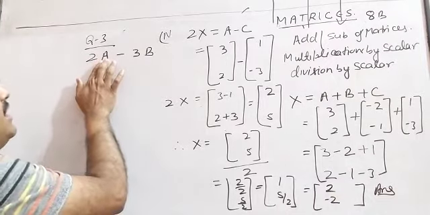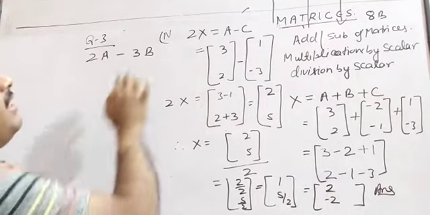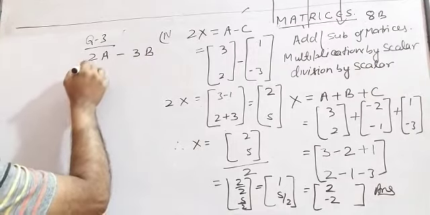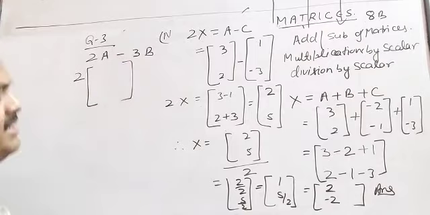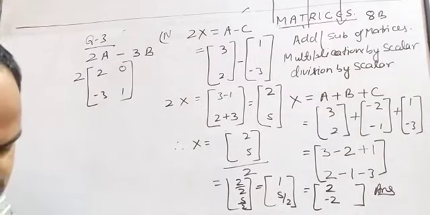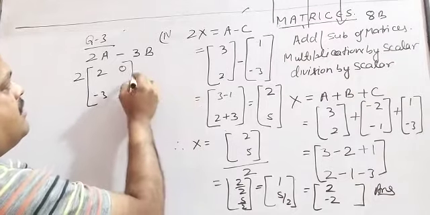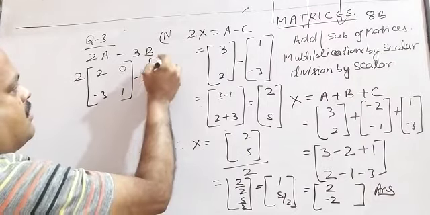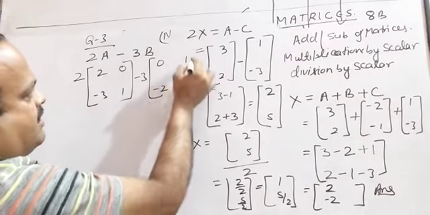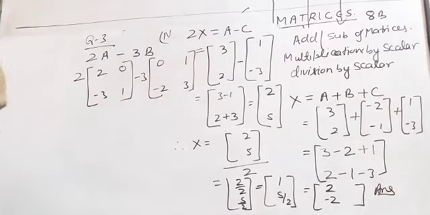We substitute here matrix A, here matrix B. Let us substitute 2, matrix A: [2, 0; minus 3, 1], minus 3, matrix B: [0, 1; minus 2, 3].